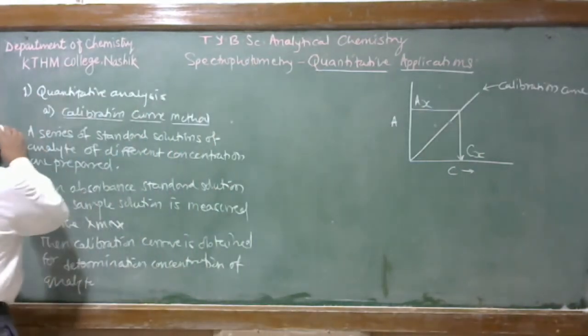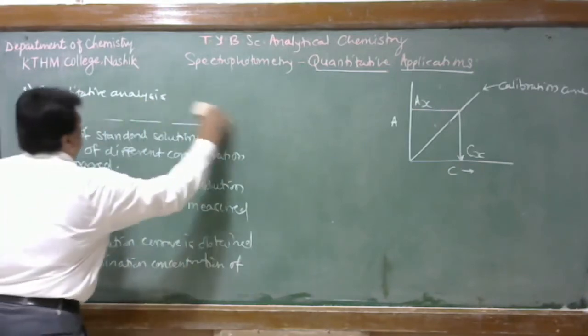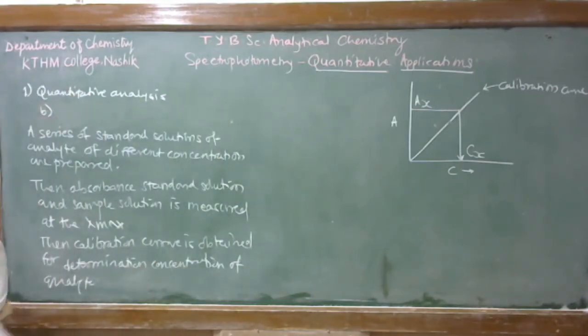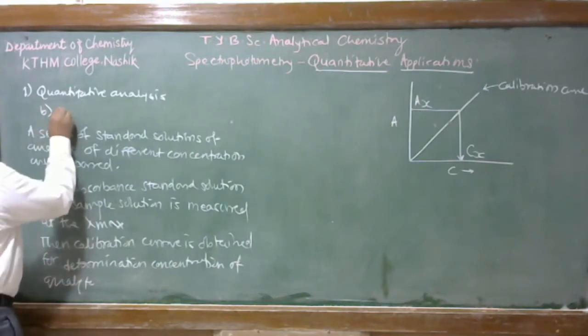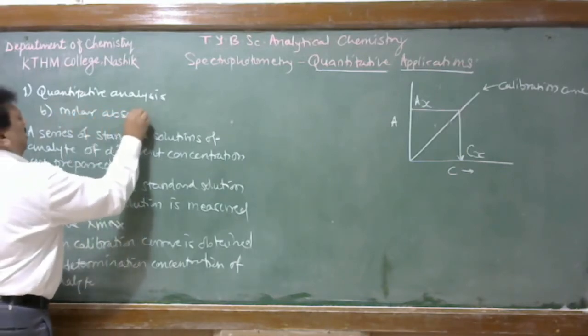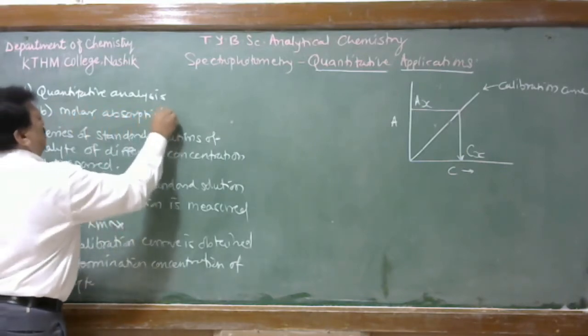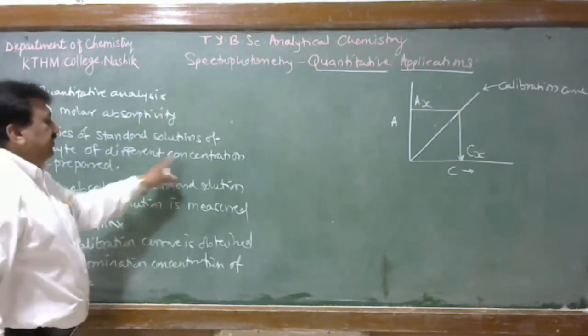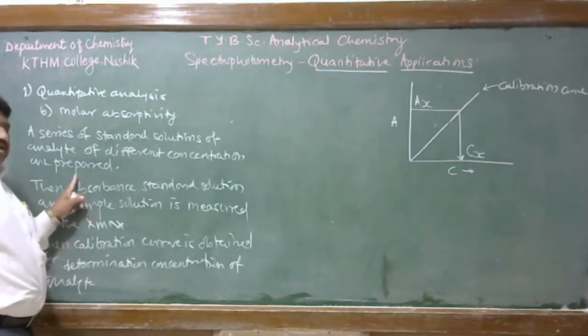Therefore, the second method of quantitative analysis is quantitative analysis by using molar absorptivity. In this case also, a series of standard solutions of analyte having different concentrations are prepared.